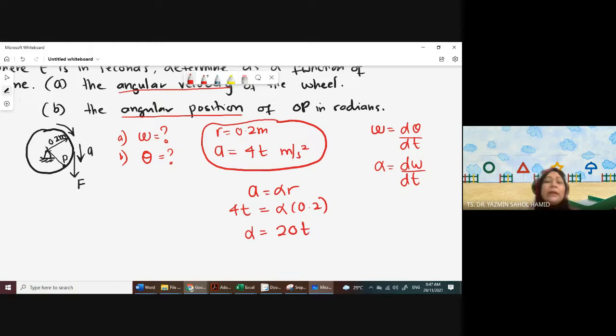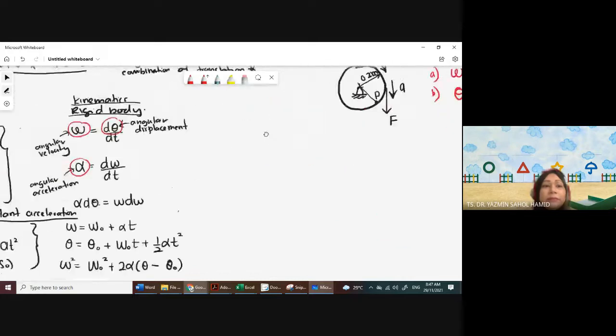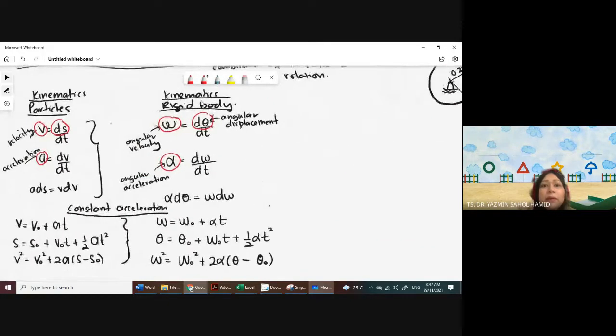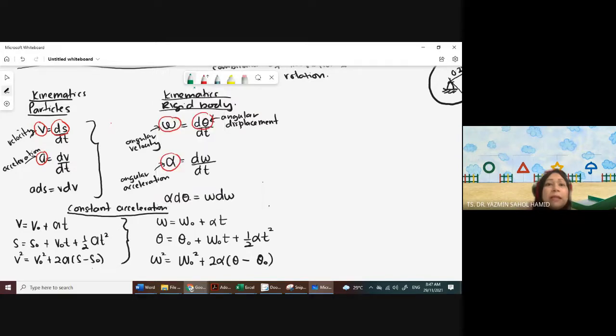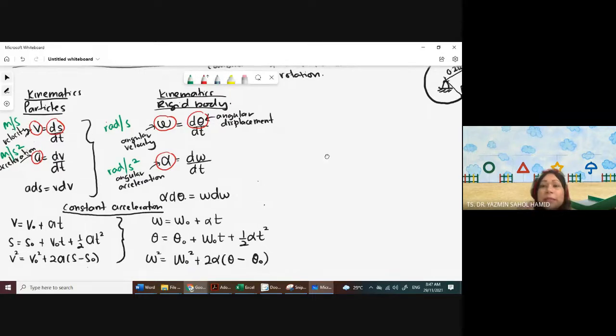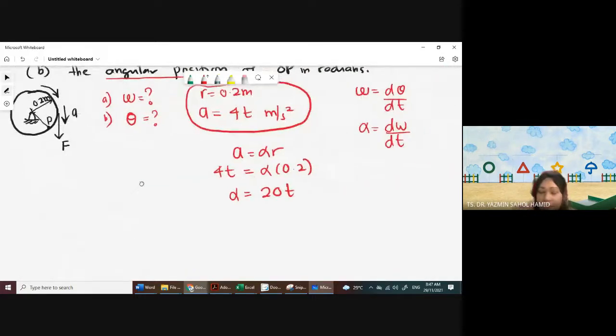Okay, what are the units? We go back to this, because earlier I did not explain the units. Now, what is the unit of velocity? Do you remember? Velocity is meter per second. Acceleration, meter per second squared. So then, what is angular velocity? Radian per second. Angular acceleration? Radian per second squared. So what is the unit for alpha?